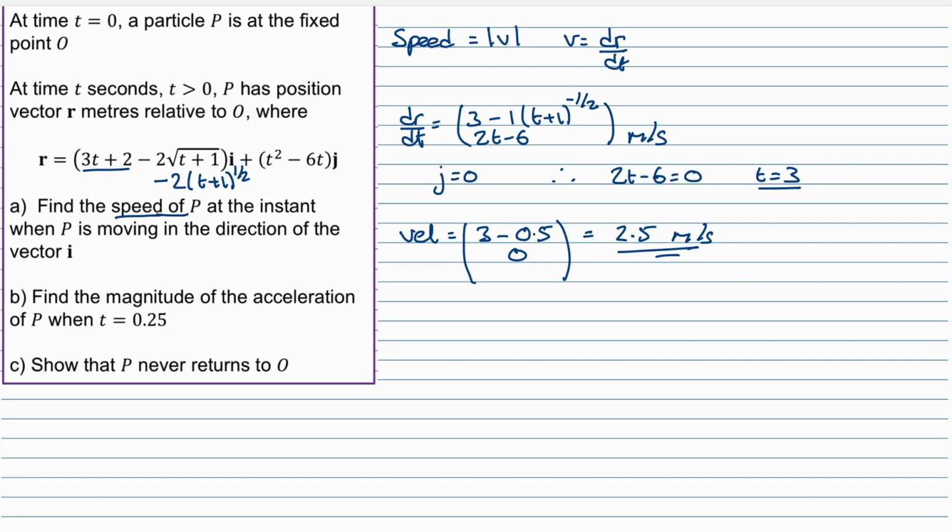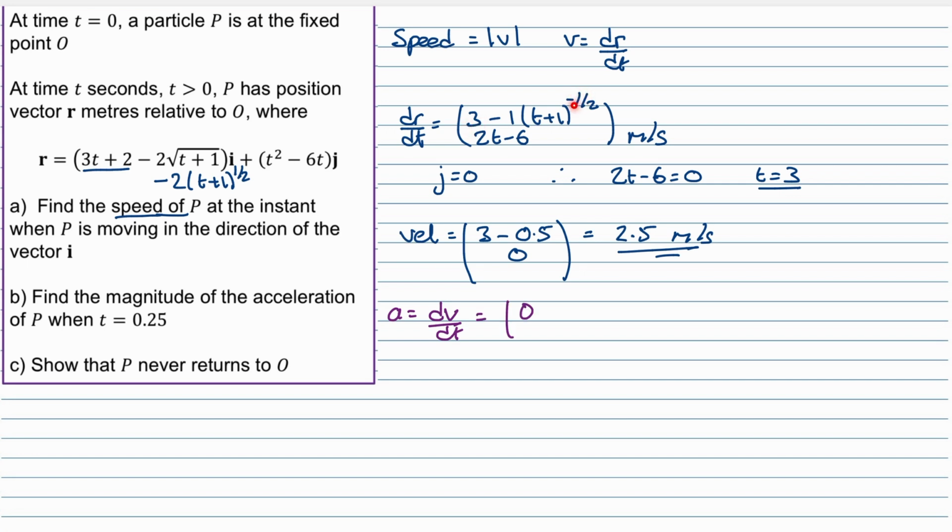And for part B, find the magnitude of the acceleration of p when t is 0.25. So we know acceleration is the change in velocity over time. So now we just need to differentiate the velocity with respect to time. So we'll just differentiate this again. Well, the derivative of this term will just be 0.